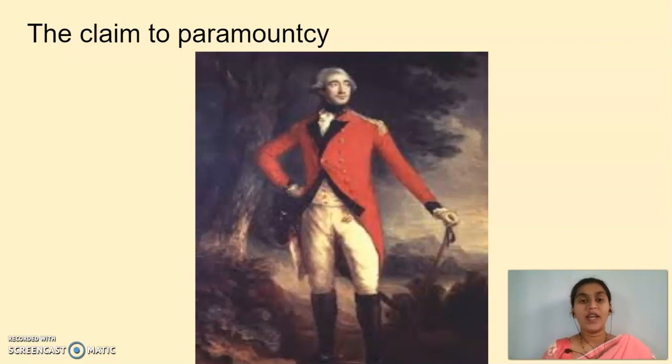In the same way, paramountcy is like a supreme power. The supreme power will be with the company, that is the East India Company. Our Indian rulers will not have such rights or power. More than our Indian rulers, they took the power. That is what they call paramountcy.